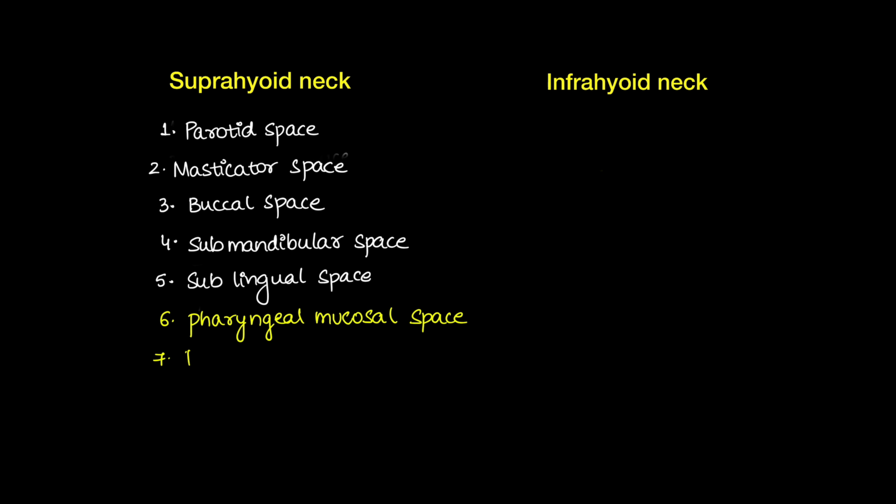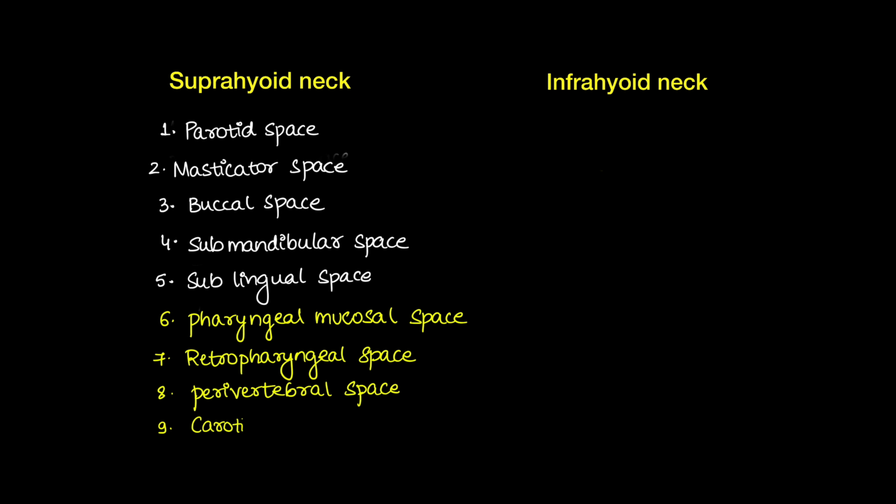Those I am writing in yellow. Those are pharyngeal mucosal space, retropharyngeal space, perivertebral space, carotid space, and posterior cervical space. These are continuous throughout suprahyoid and infrahyoid neck.